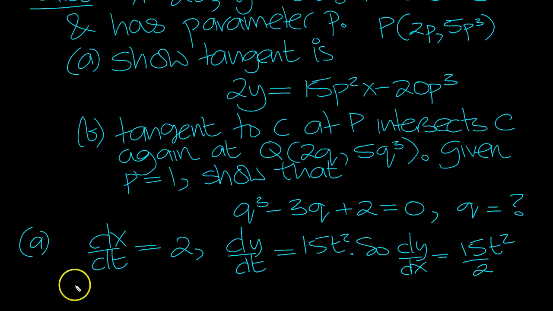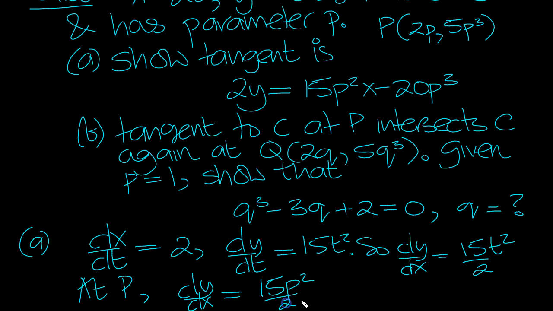So at P, dy/dx then, the parameter is t, so at P the parameter is p, so dy/dx will equal 15p squared over 2, and P has the coordinates 2p, 5p cubed.